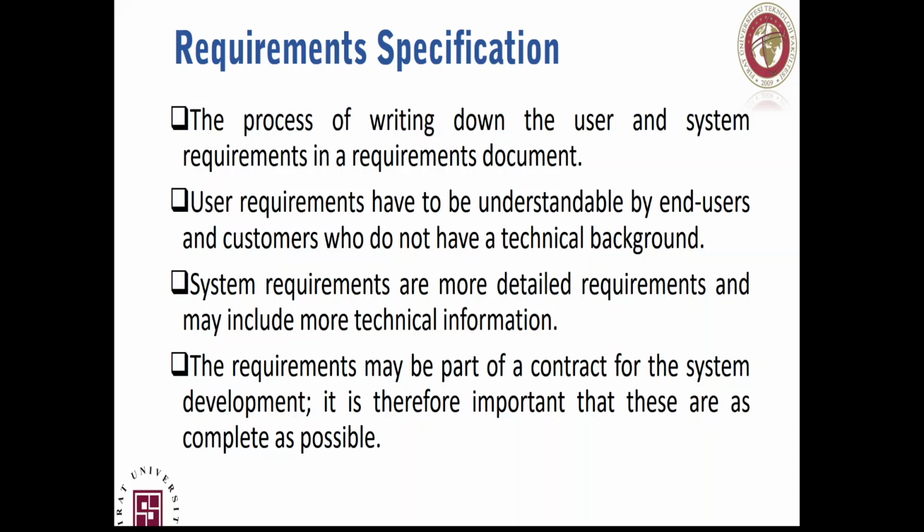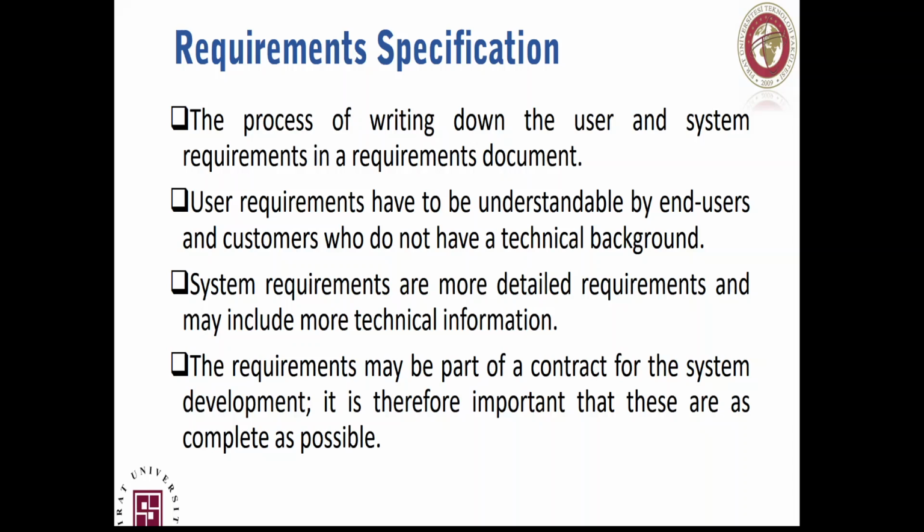For system requirements, the idea is a bit different. We detail the requirements and explain things in a deeper way. We present things that usually are not included in user requirements.